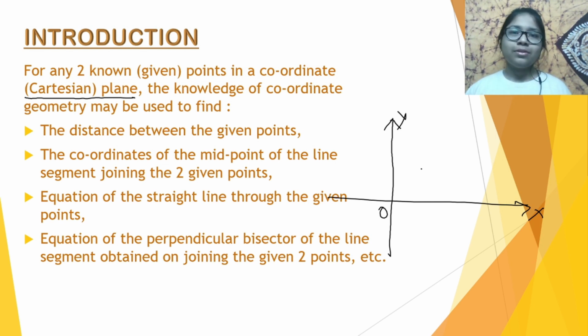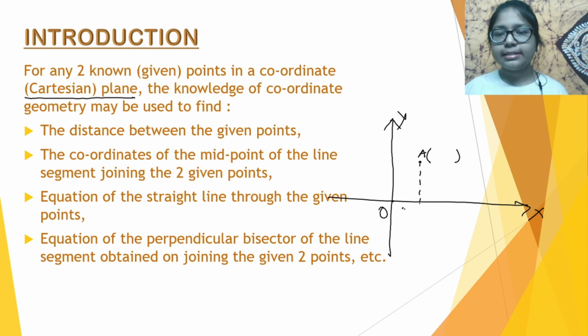Hope you know how the coordinates of a point in a Cartesian plane is written. You have learnt it in the lower classes, right? Still I am showing it again. Suppose this is a point A. Here the coordinates will be written.